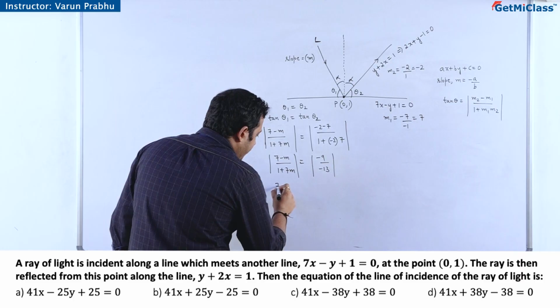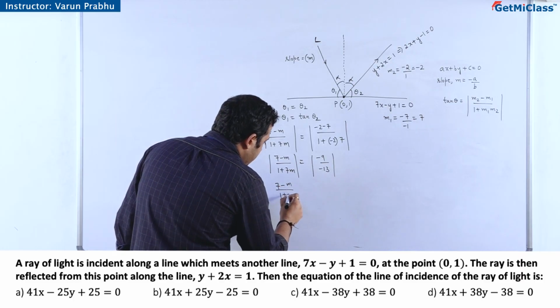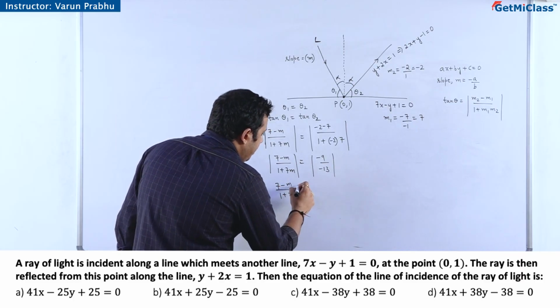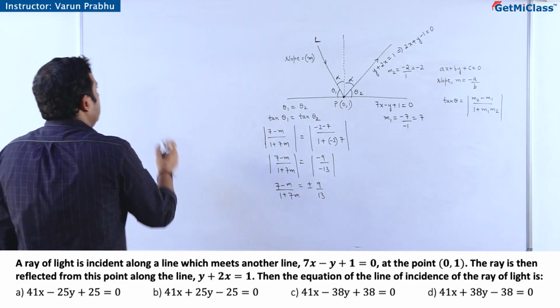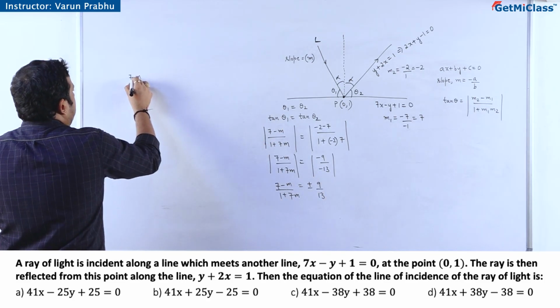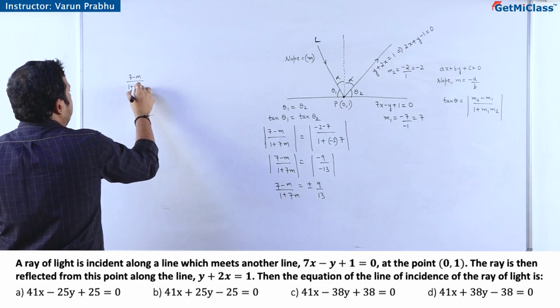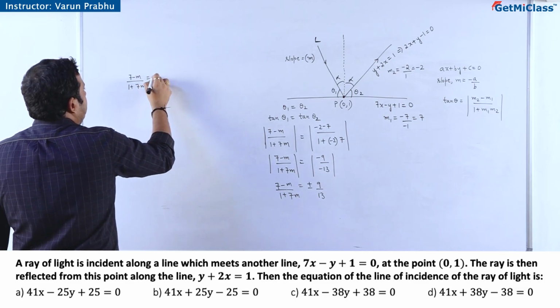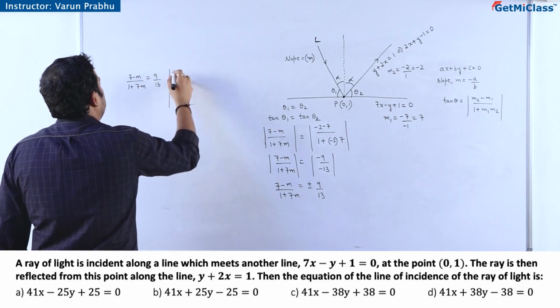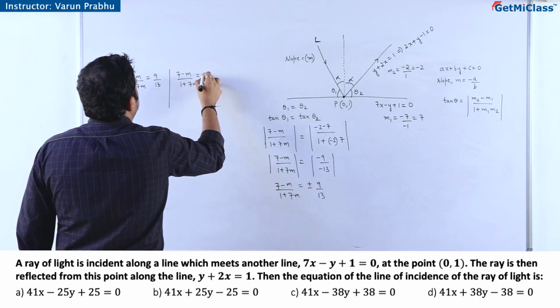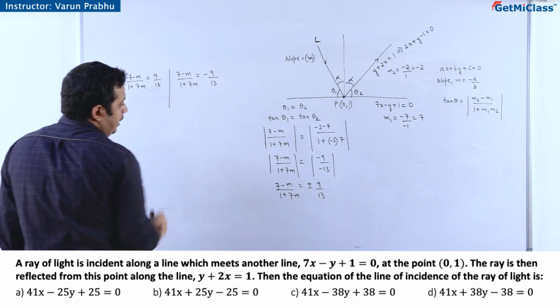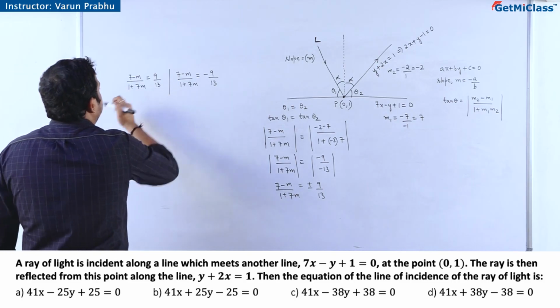When we remove the modulus, 7 minus m divided by 1 plus 7m is equal to plus or minus 9 by 13, right? So we can write it is equal to 9 by 13, or equal to minus 9 divided by 13.